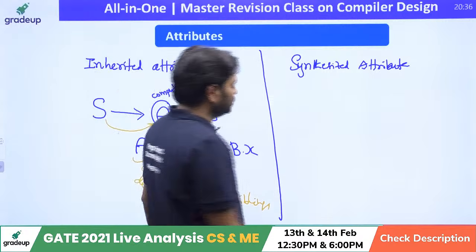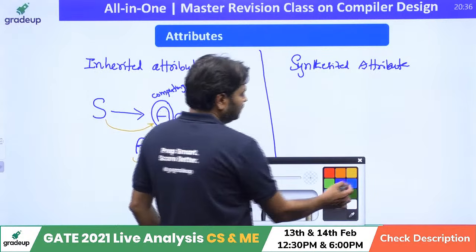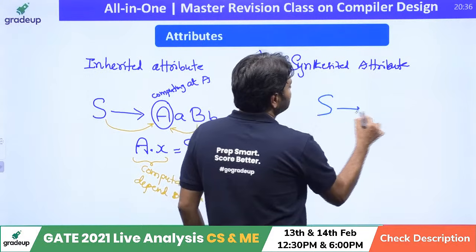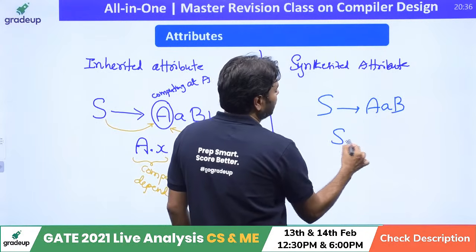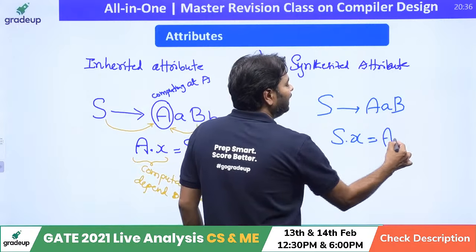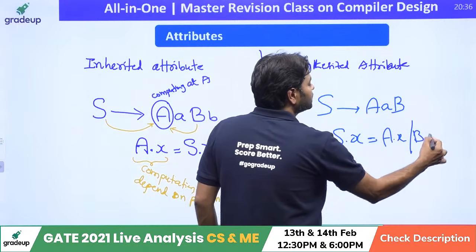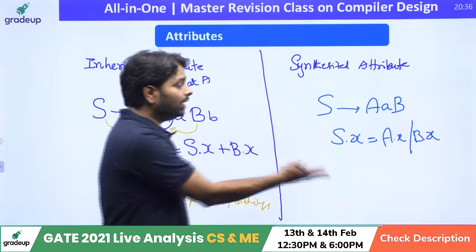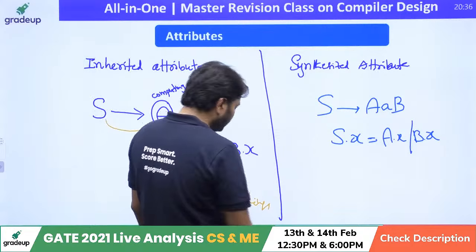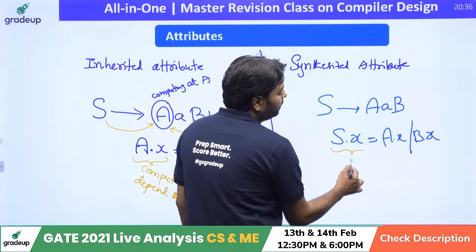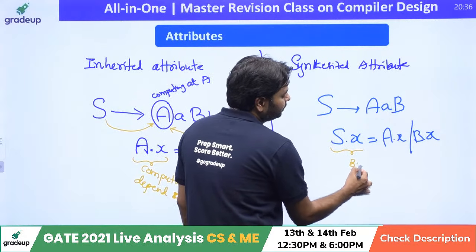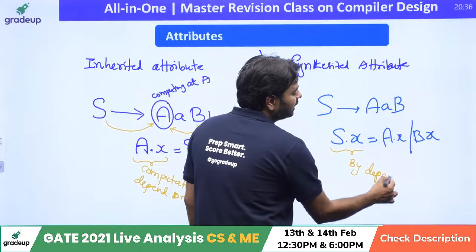Here, synthesized attribute. Suppose you have S → A B. Here I am going to use something like S.X = A.X divided by B.X. I can even use B.Y, that's fine. I am computing here by depending on only children.